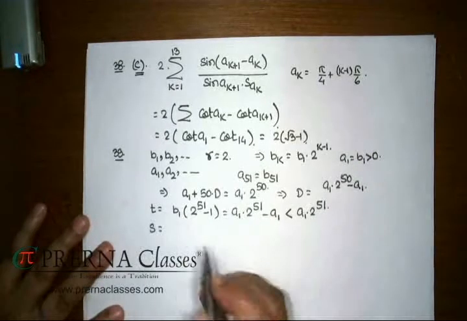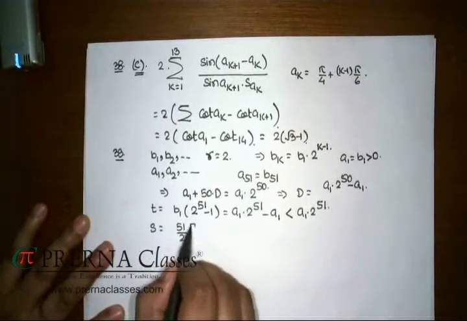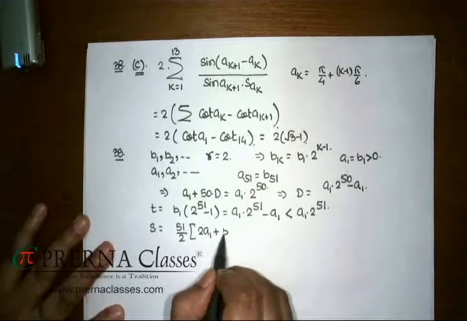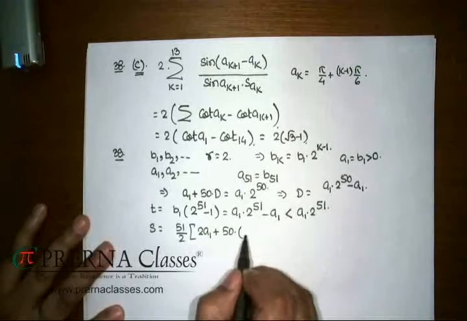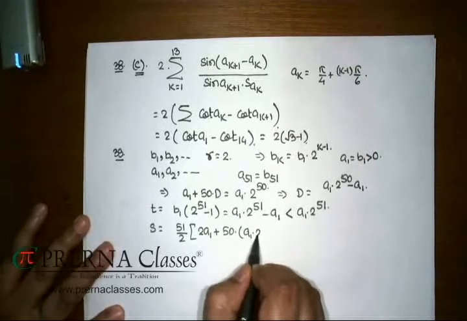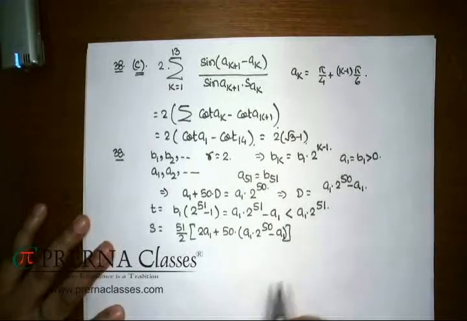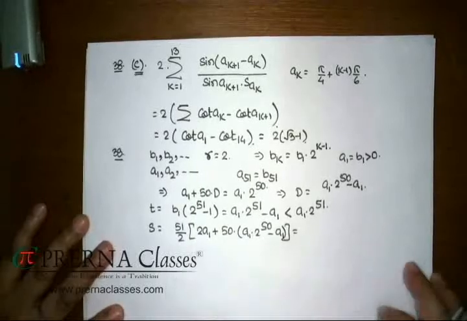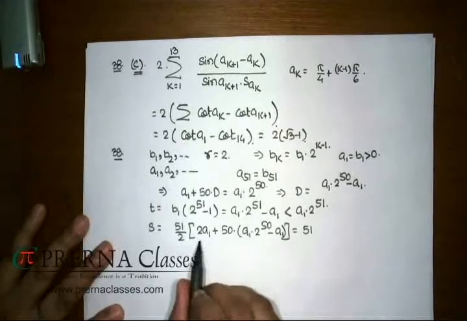Now let's move on to S, which is the sum of all the 51 terms of that AP, into the capital T value, which is nothing else but this. Simplifying that expression, you should be getting this.